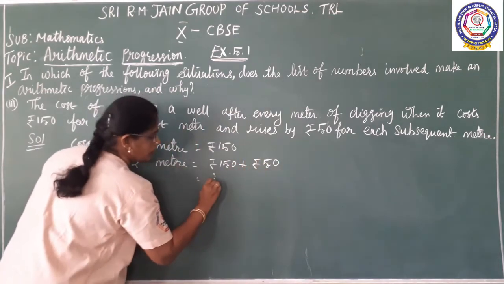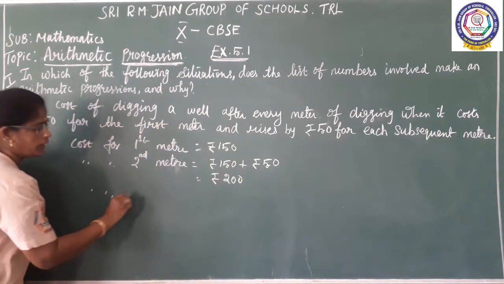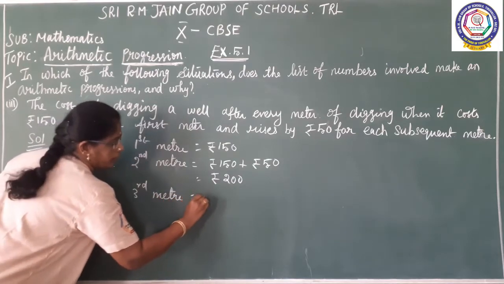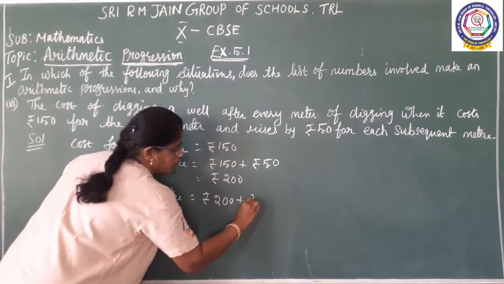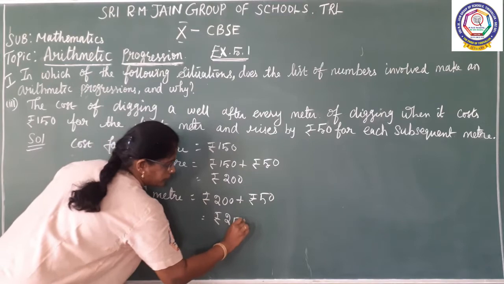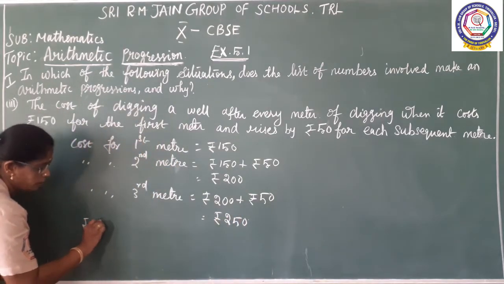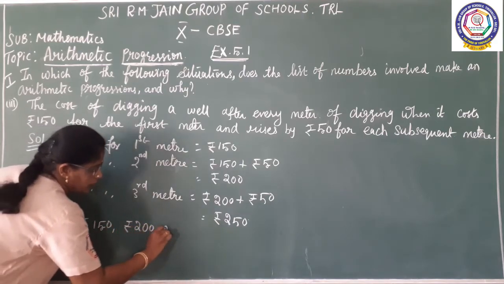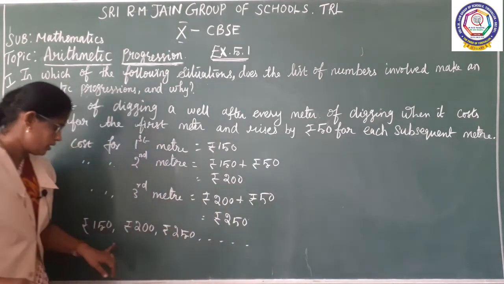So what cost comes here? Rupees 200. Then cost for third meter equal to rupees 200 plus rupees 50, so equal to rupees 250. Therefore what sequence are we getting? Rupees 150, rupees 200, rupees 250 up to etc.